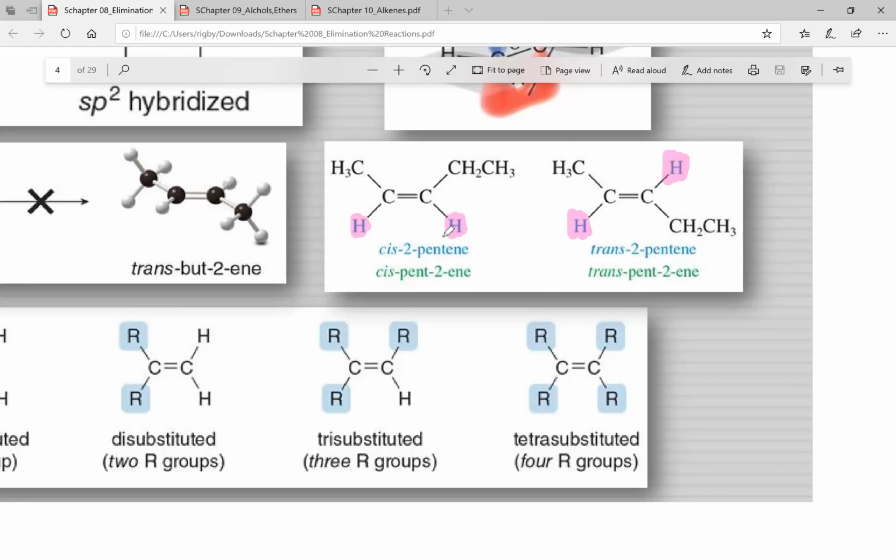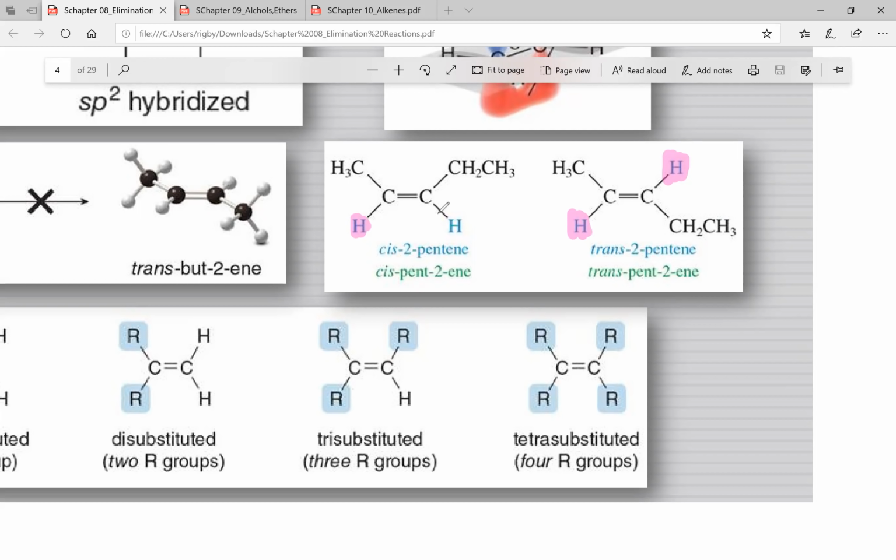Cis and trans can only be used when there are two of the same group, one on either side of the double bond, and in this case, this would be the hydrogens. There is another system of naming and classification that we get into more when we're talking about alkenes that is a little bit more broad in its definition and will include something that does not have two of the same group.